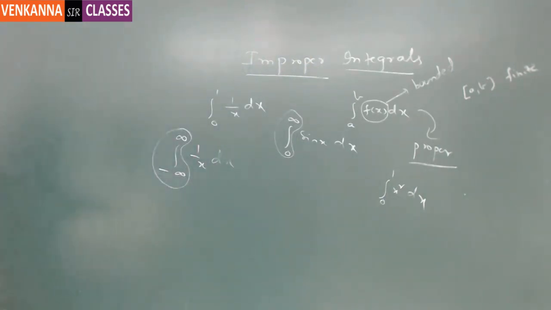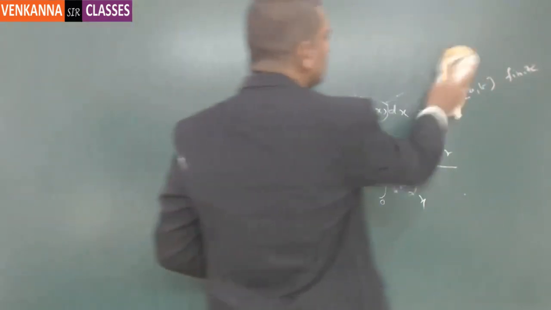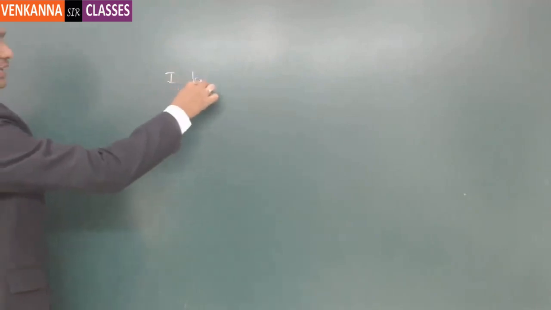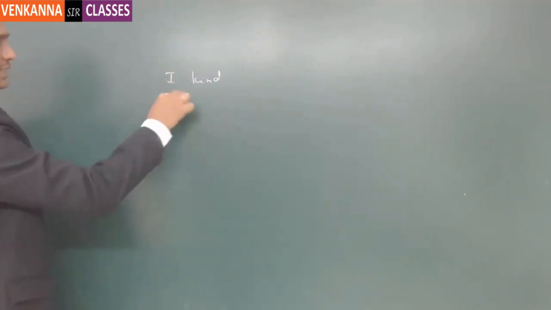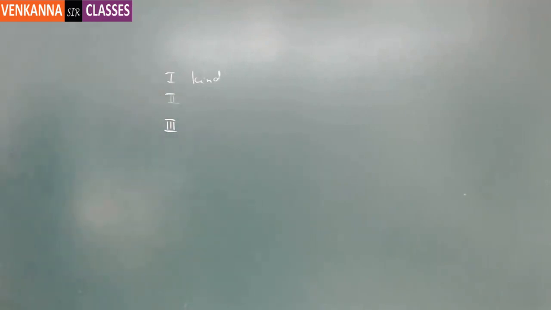Now, on observing this pattern, improper integrals are mainly classified into three types: first kind, second kind, third kind. So what is meant by the first kind?